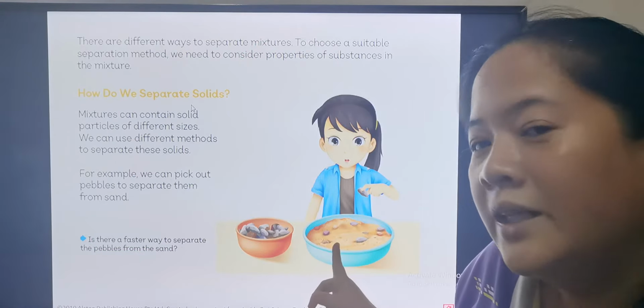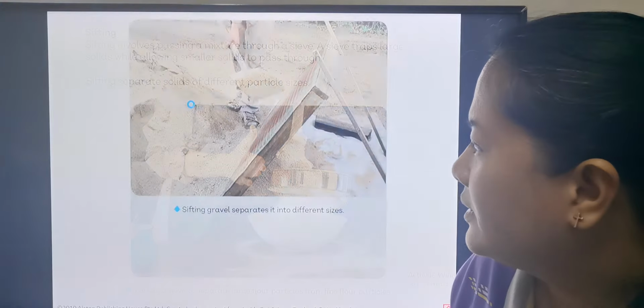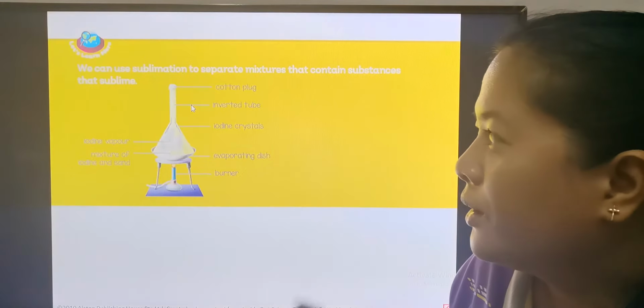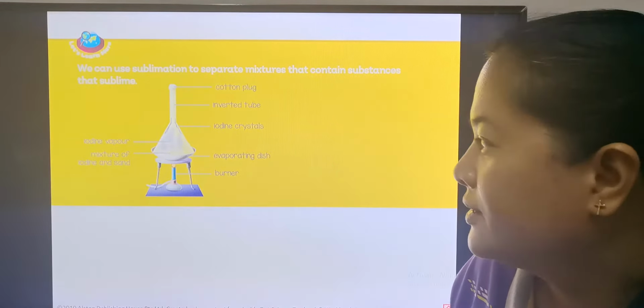We can do hand picking, sifting, sublimation, and using magnets. We already had a test about separating solids, so it's not going to be included in your test anymore.